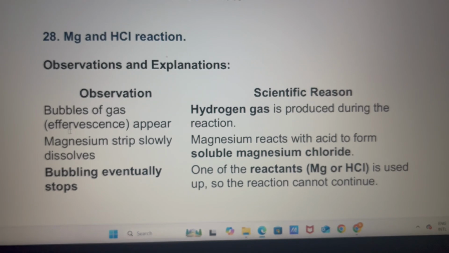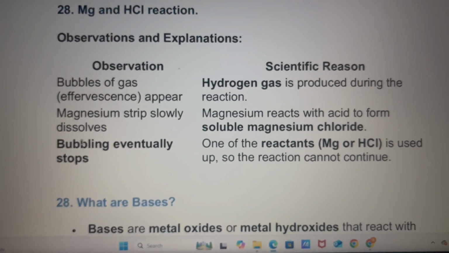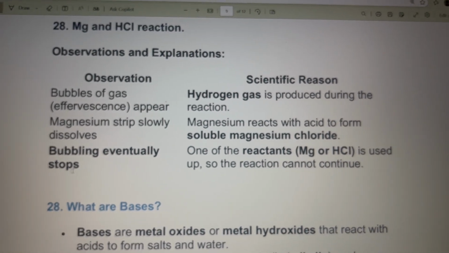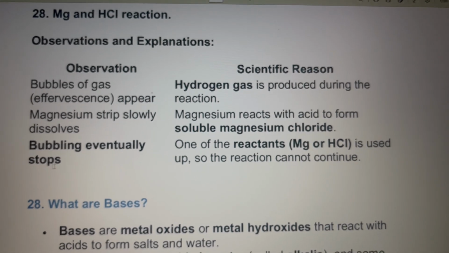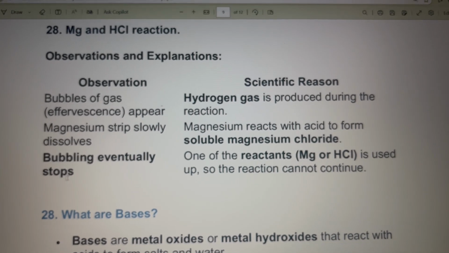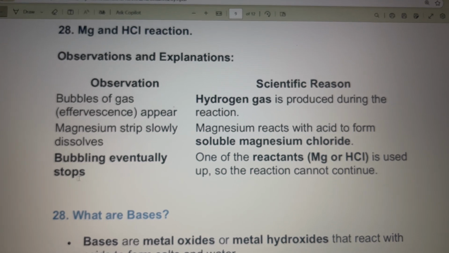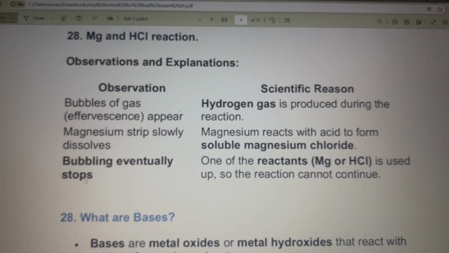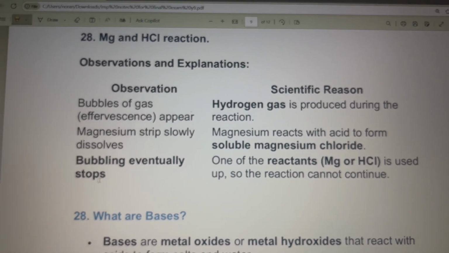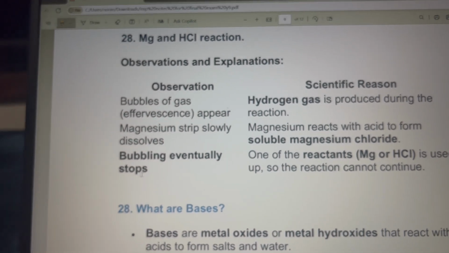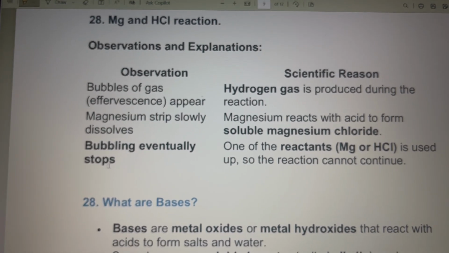Okay, this reaction is very important. The observation, what happens, how can we detect what is happening, why is it happening, what is the reason for every observation. You have to study it from the book, the HCl and magnesium reaction that we did in the lab.